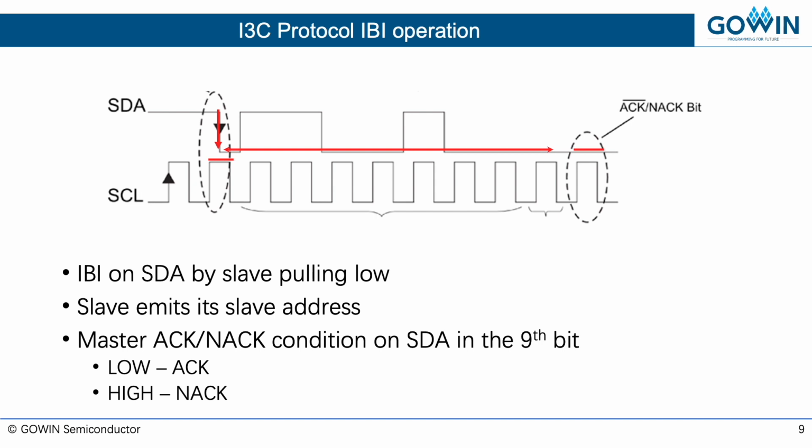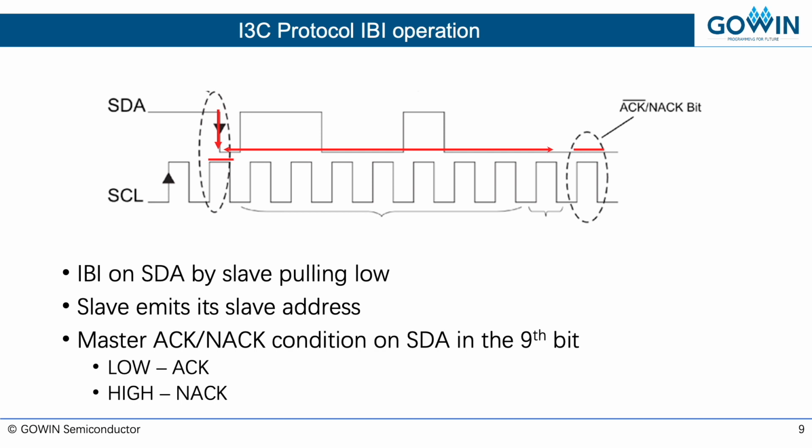There could be multiple slaves or targets wanting to interrupt the CPU, and they all are emitting their addresses on the SDA line at the same time. The I3C slave with the lowest address wins the arbitration and receives the ACK from the I3C master. The I3C slave then can put out one or more bytes on the SDA line for the CPU to service the interrupt accordingly.